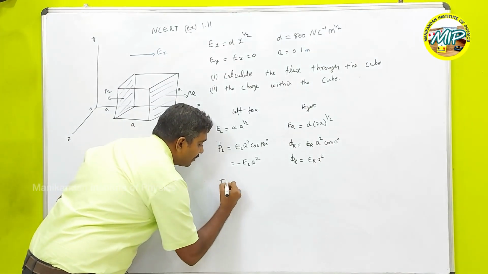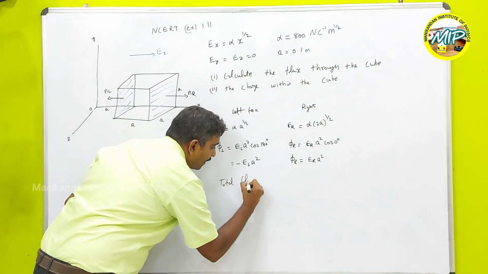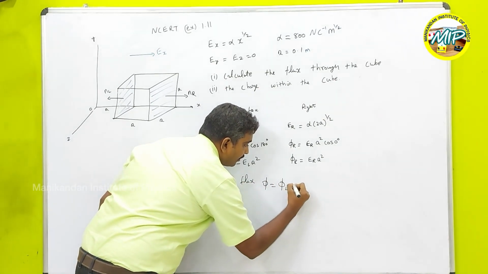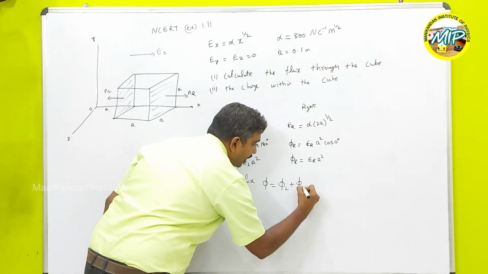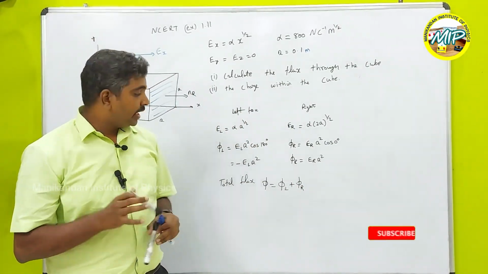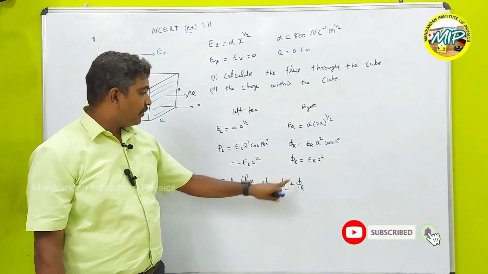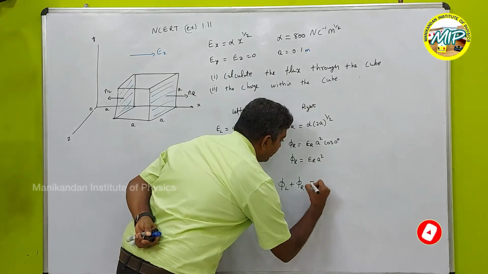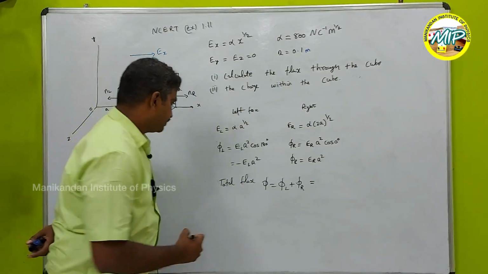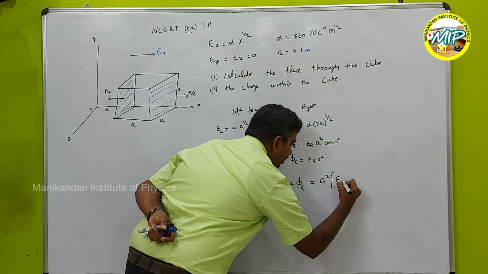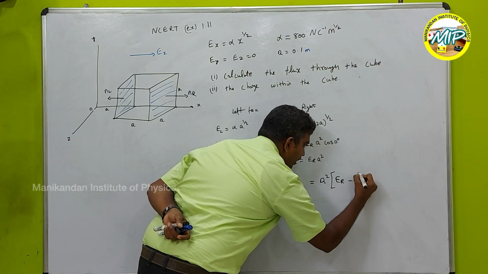So now my target is to find the total flux. The total flux I may write as phi equals phi left plus phi right, the flux through the left face and the flux through the right face. If I substitute this value and this value here, I can simply write the equation here. A square is common, so E_R minus E_L.